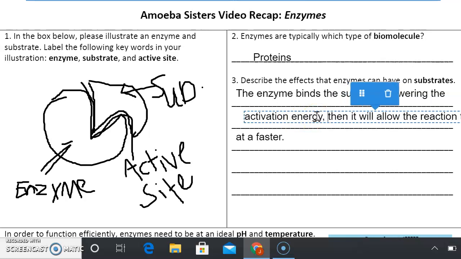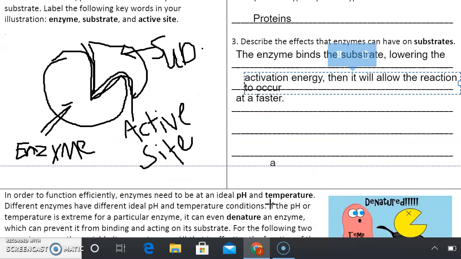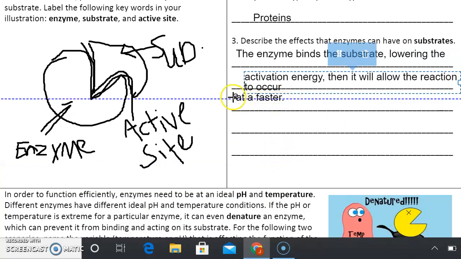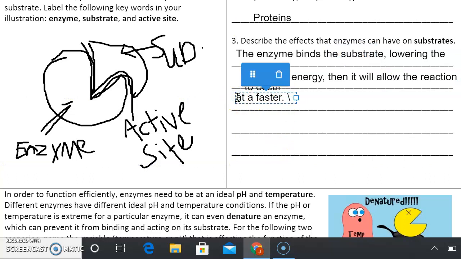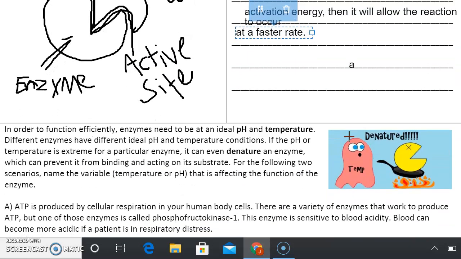And then it will allow the reaction to occur at a faster rate. Learning curve here, I'm getting there.